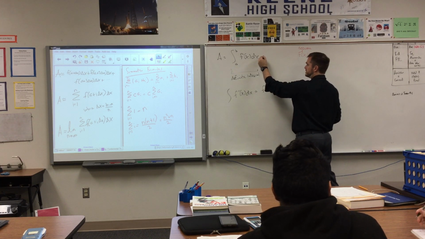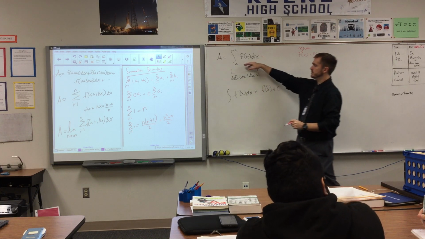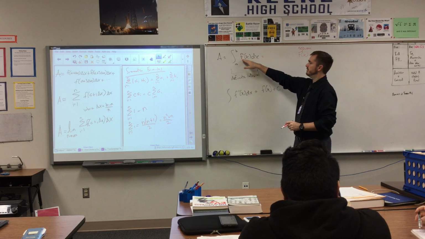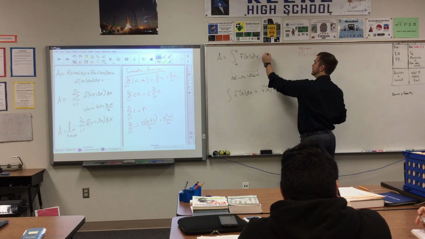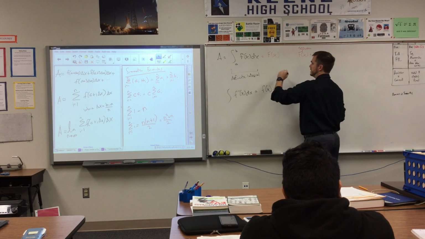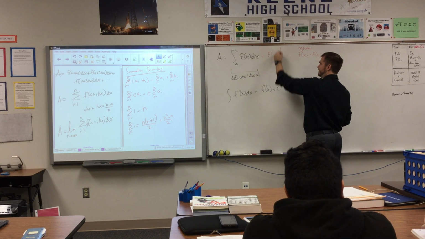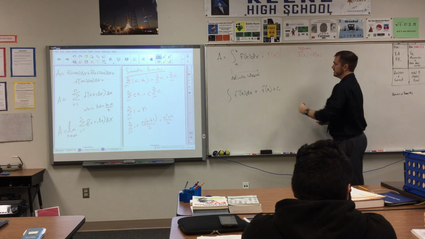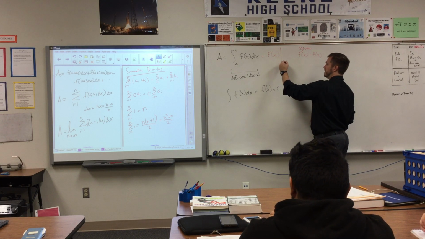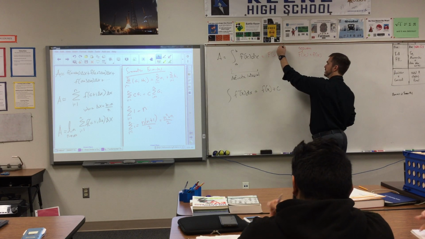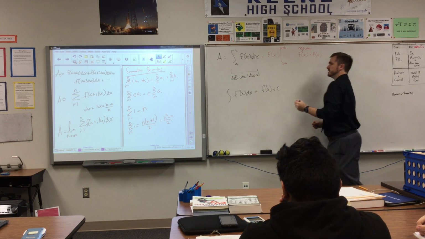So if that's the case, this is how we think about those a and b. The antiderivative of little f is big F of x, and then evaluate that, that's what this bar means, at x equals a and x equals b.